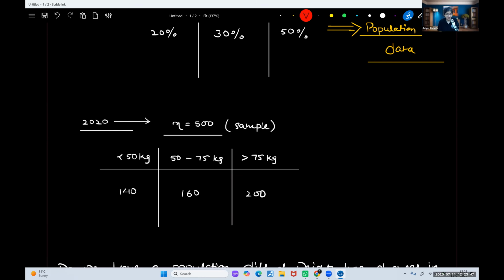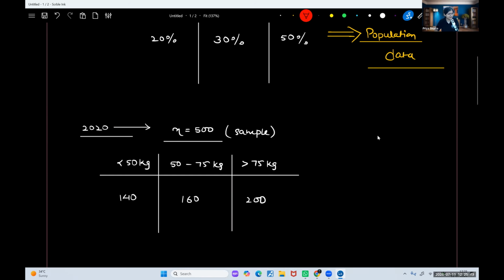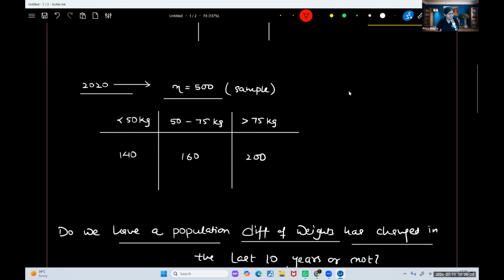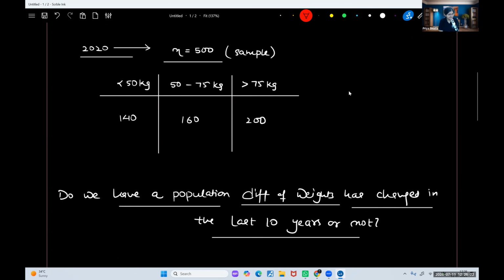अब इसमें chi-square test को लगेगा क्योंकि आप क्लियरली देख पा रहे हो कि we have 3 categories over here. कैटेगरी C1, कैटेगरी C2, कैटेगरी C3. अब यहां पे ये जो आपके पास एग्जिट नंबर्स है 2020 के पास में कि लेस देन 50 केजी में 140 पीपल है, 50 से 75 केजी में 160 है, 75 केजी के बियॉन्ड 200 पीपल है.